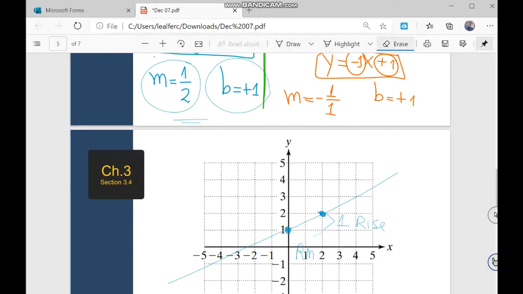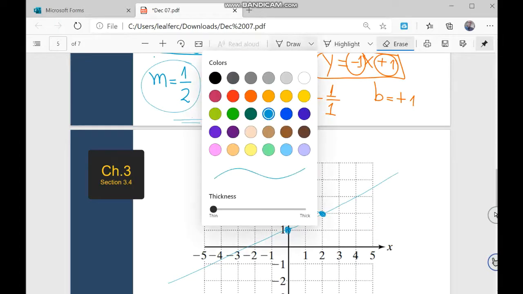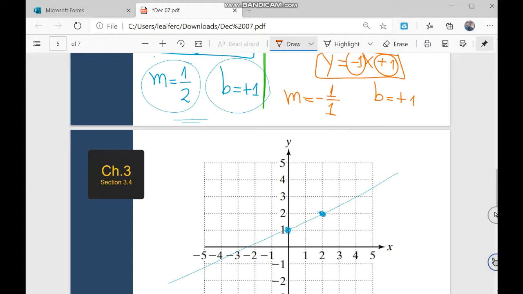Let me just get rid of this because I'm going to work on inequality number 2. For inequality number 2, b is just a coincidence, it's the same one. By coincidence, we're going to have b here as well. The y-intercept, positive 1, and slope, negative 1 over 1.